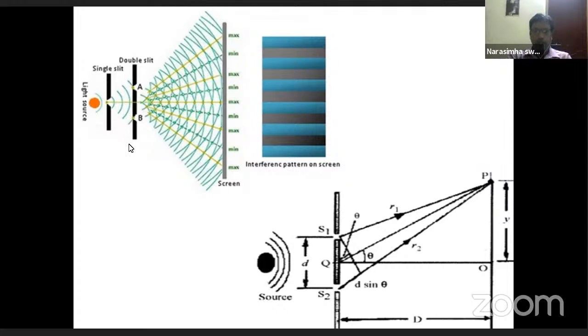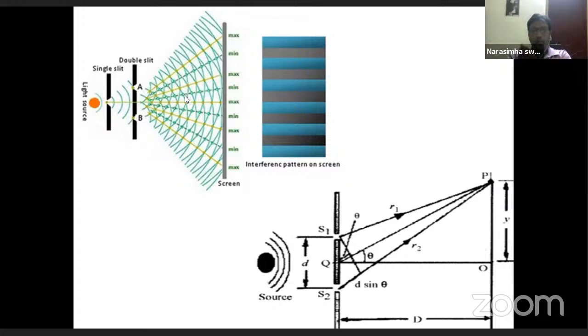Next to that we are using a double slit. See, for this double slit, what happened? There are two holes, and from these two, at a time, two waves are coming out. So A and B are the secondary sources, and this is the first source. From A and B the waves are coming out.